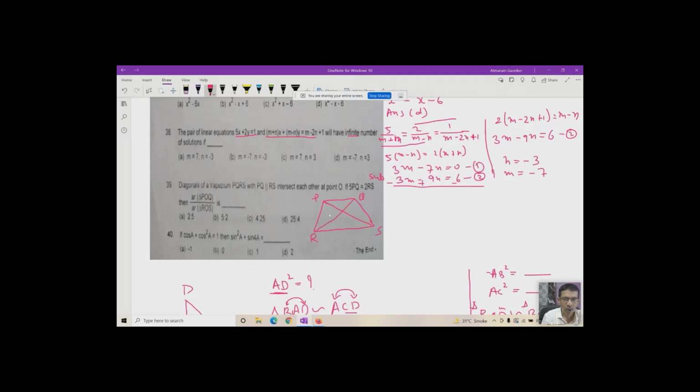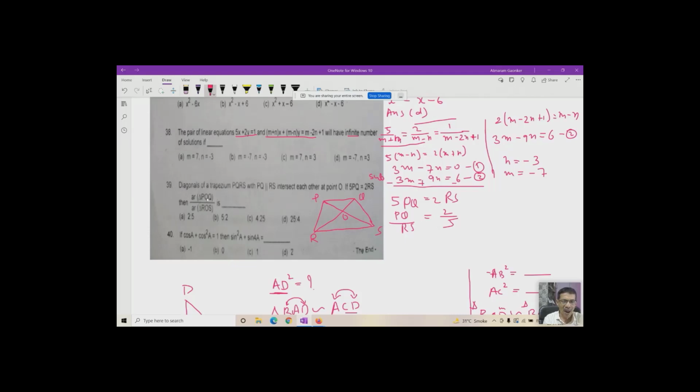So PQRS is a trapezium with point O as here, and PQ is equal to 2 by 5 of RS. So given is PQ, and PQ divided by RS is 2 upon 5.